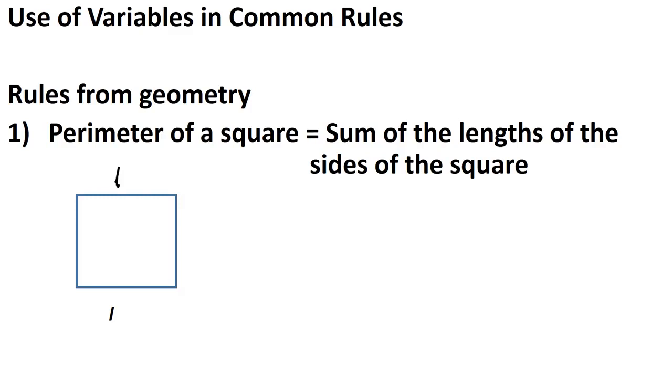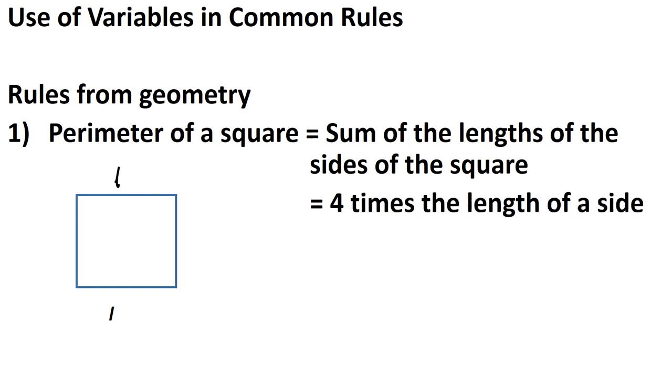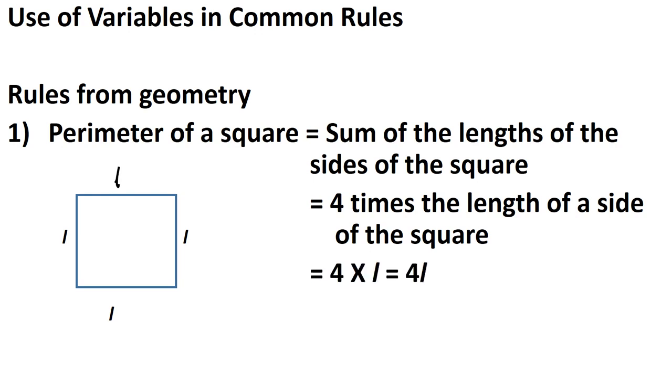Let it be L. So what is it? 4 times the length of a side, because 4 times L is there. So its rule is 4 times the length of the side of the square, and the side is L. So it is 4 multiplied by L, which is equal to 4L.